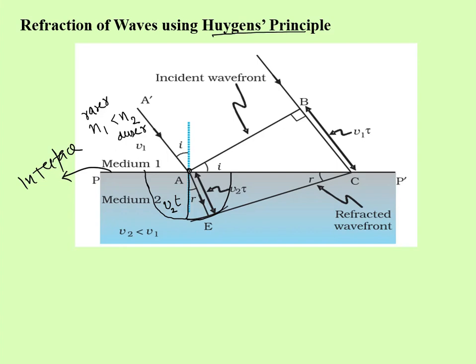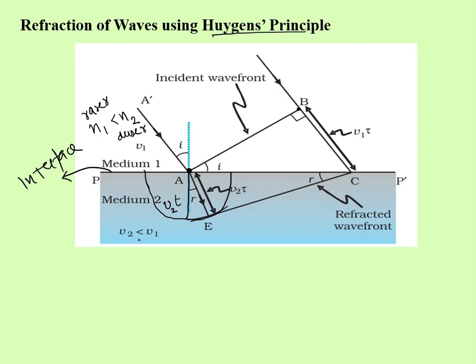Similarly, when this point A has reached the interface, this point B is yet to reach. B will have to travel some extra distance to reach that same interface. So what is the extra distance traveled? Again speed into time, but this is the distance in medium 1, so its speed is V1 into t. A has already reached the second medium, so it travels with speed into time, but the speed in the denser medium is V2.